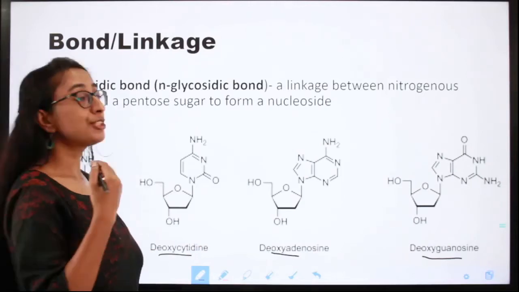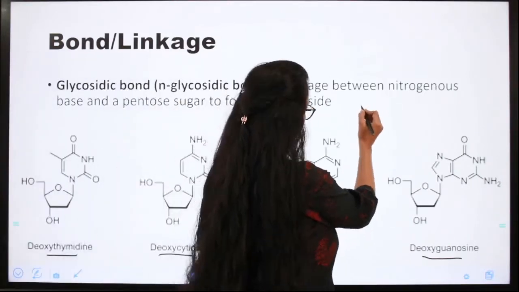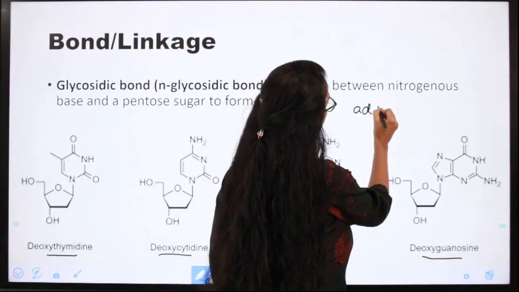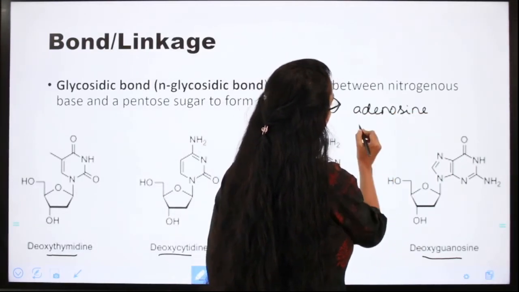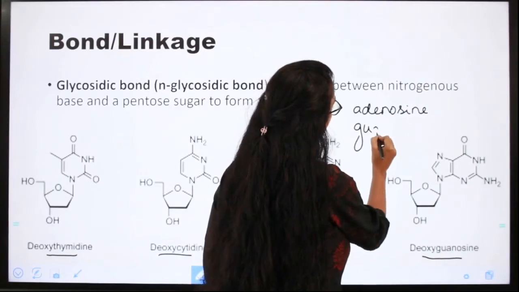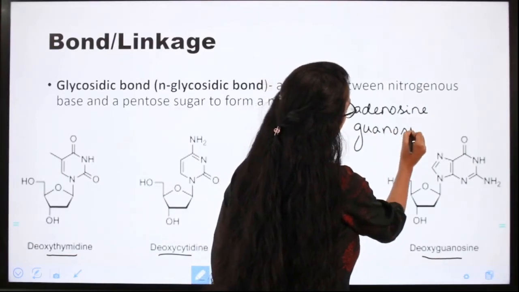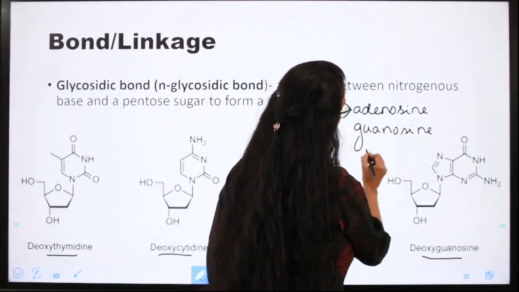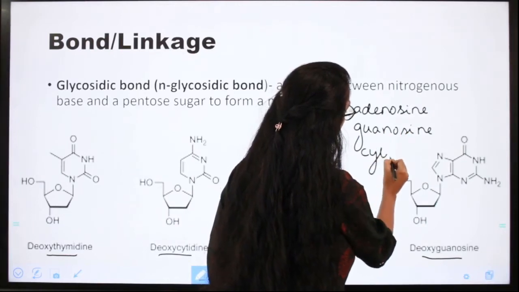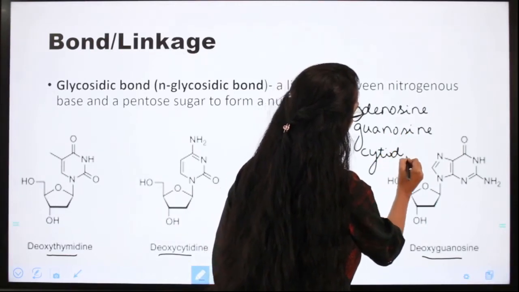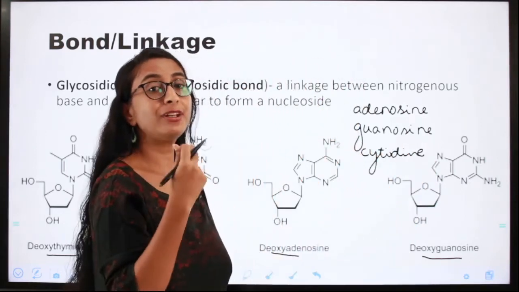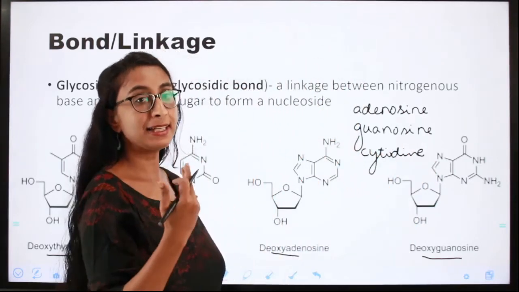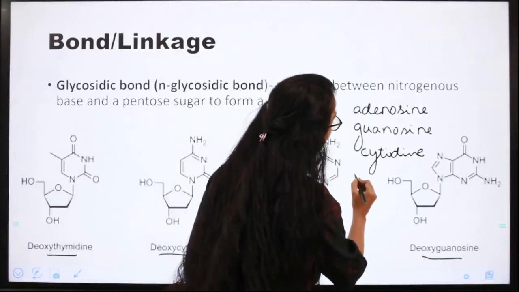What are the nucleosides in RNA? In RNA we have adenosine, we have guanosine, we have cytidine, and the last one, instead of thymine we have uracil, isn't it? So there we have uridine.